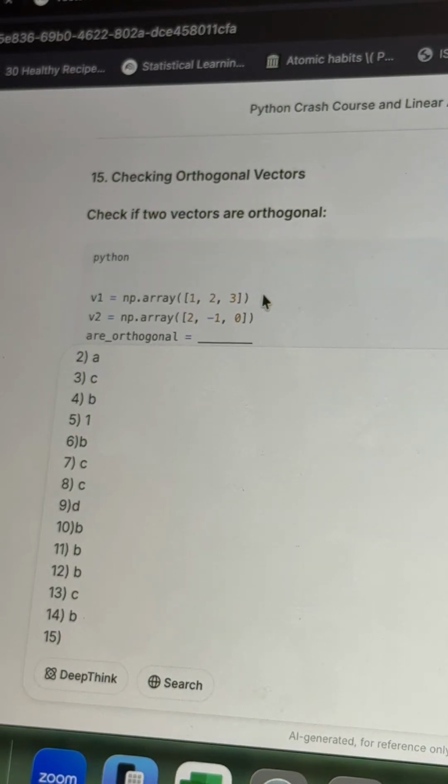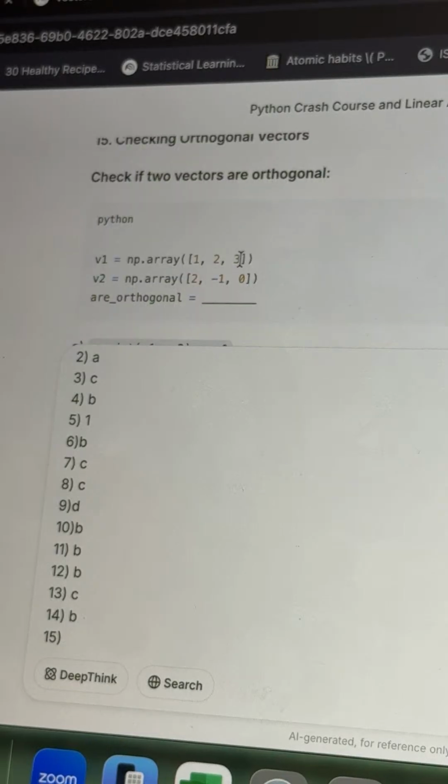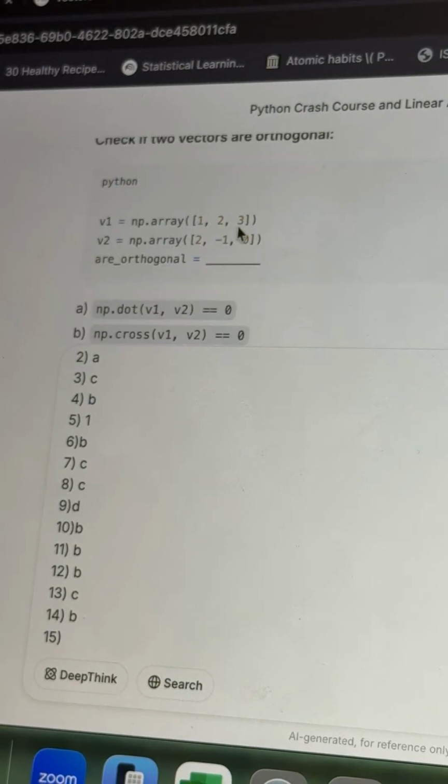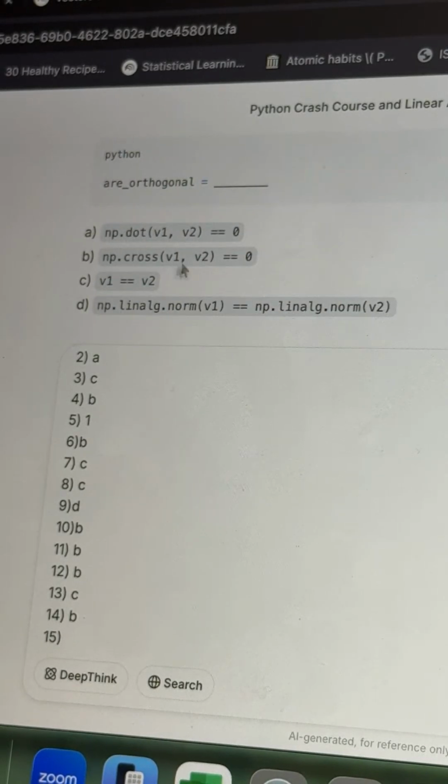So checking orthogonal vectors. Check if two vectors are orthogonal. All right, so orthogonal gives you a 0 output, or should give you 0 output.